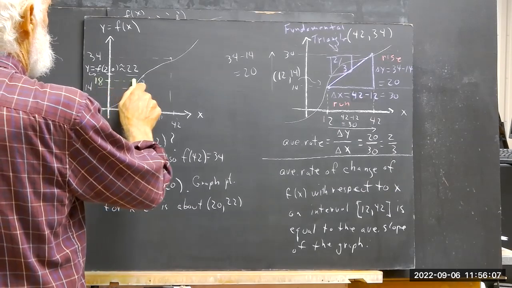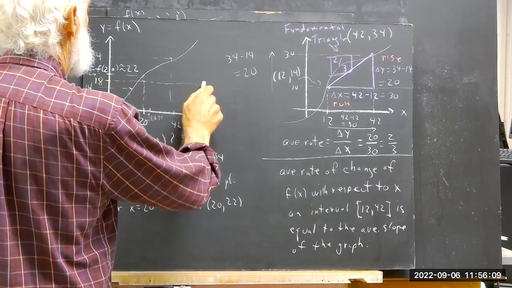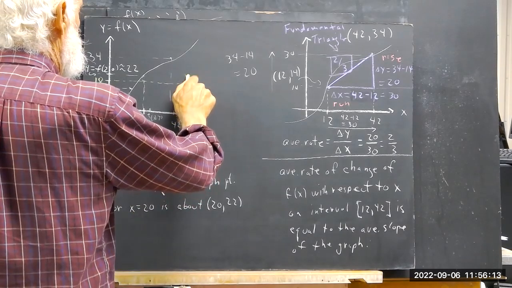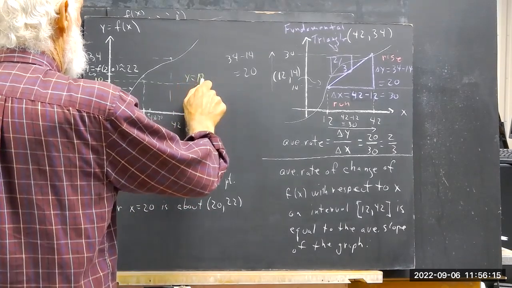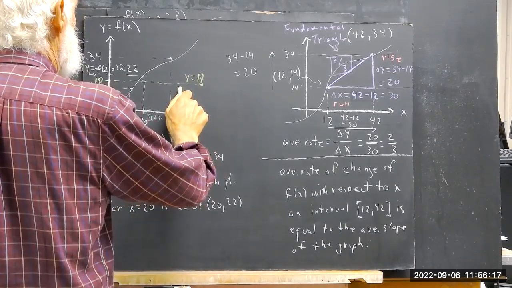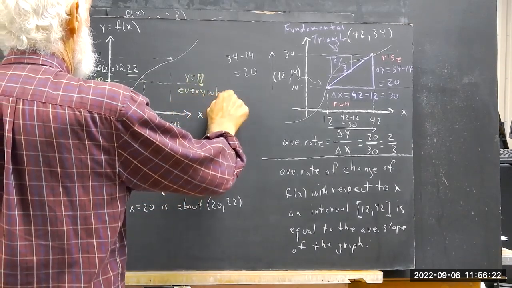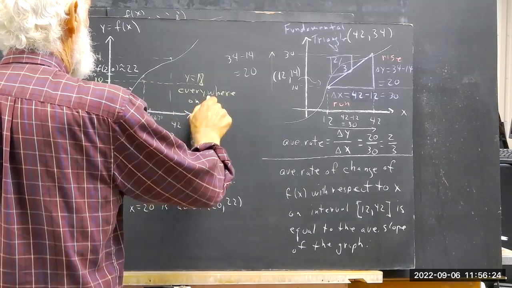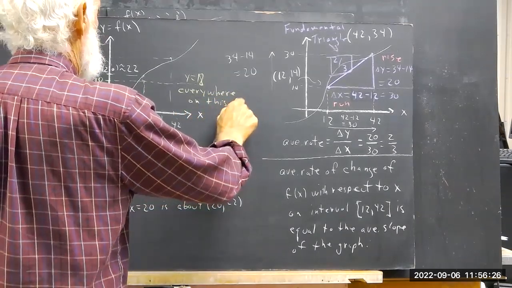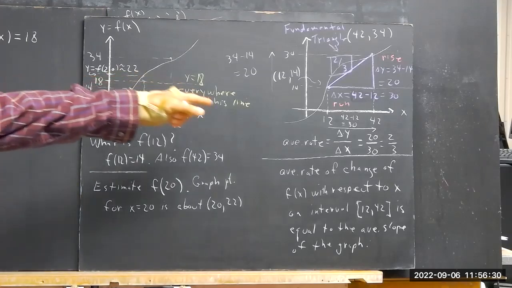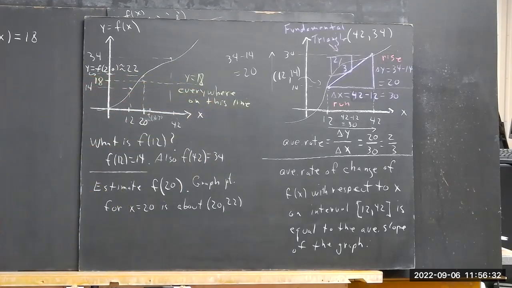I'm going to draw y equals 18 everywhere on this horizontal line. Now, what's the graph point?